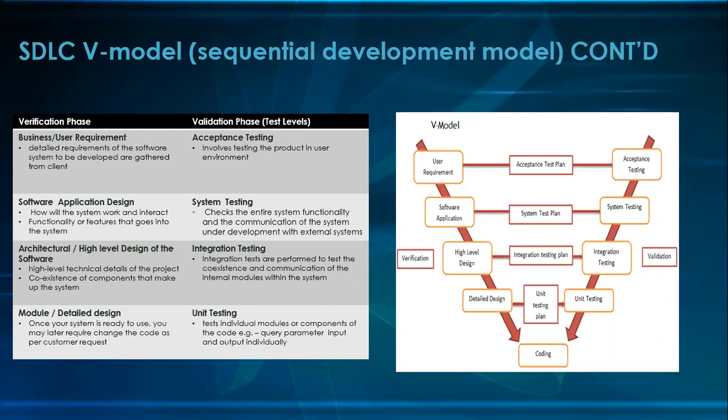That takes us to architectural or high level design. So the high level technical details of the product, that's one of the things that we do here. The coexistence of the components that make up the system, that's another thing that happens in this phase. Then in this other phase, the validation phase, is the integration testing. Integration tests are performed to test the coexistence and communication of the internal modules within the system.